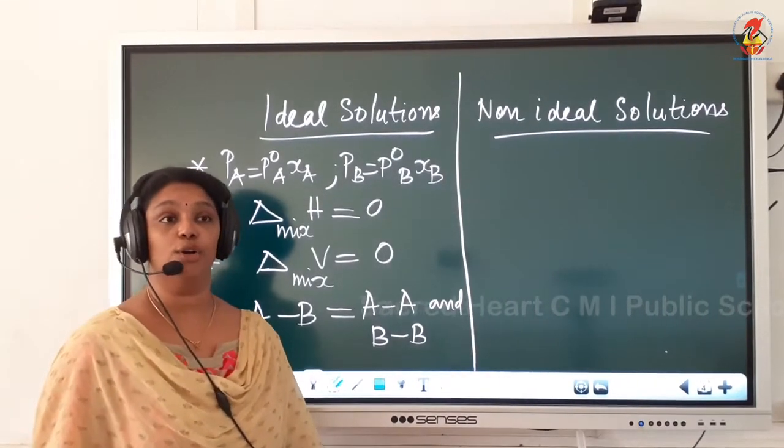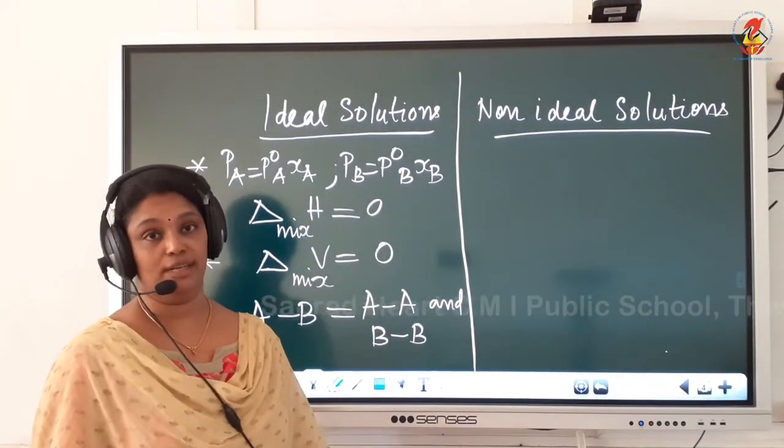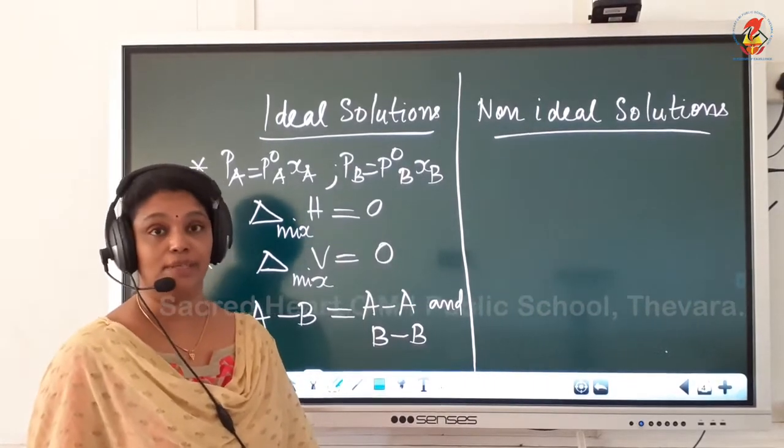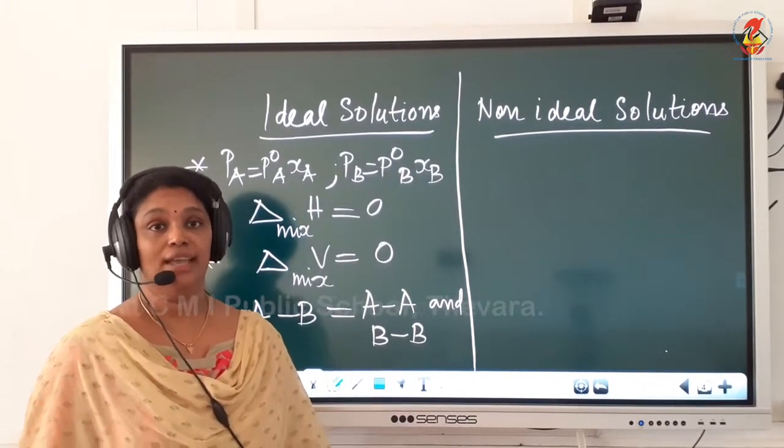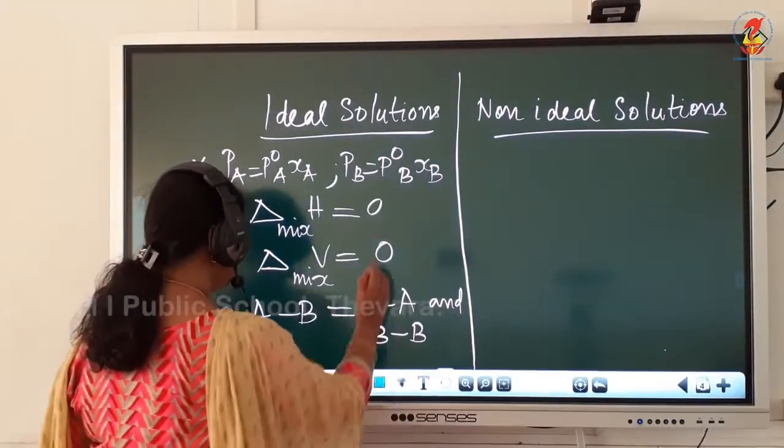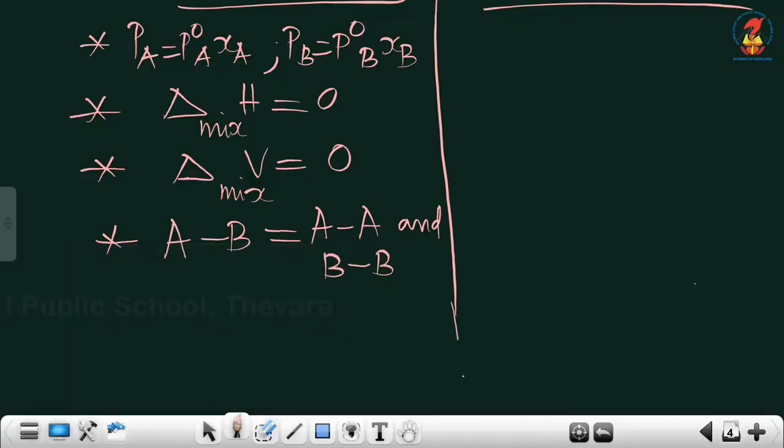Actually, it is very difficult to observe an ideal solution. But there are examples where solutions behave as ideal solutions. The examples for ideal solutions are normal hexane and normal heptane.